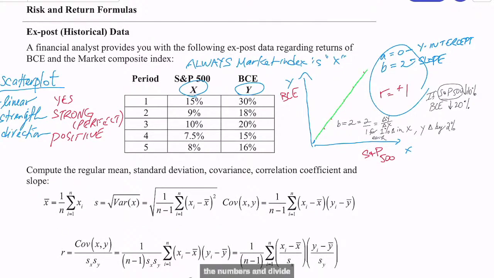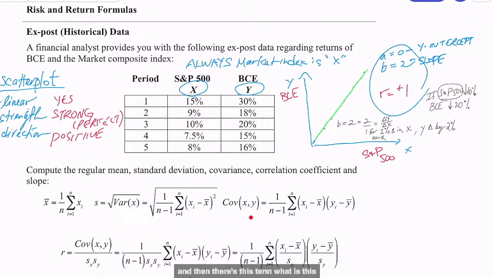Sum up all the numbers and divide by n. That's our measure of average. The standard deviation of the x's is the square root of the variance. The variance is an average of the squared deviations from the mean, adjusting for the fact that it's a sample. You guys know how to do that.